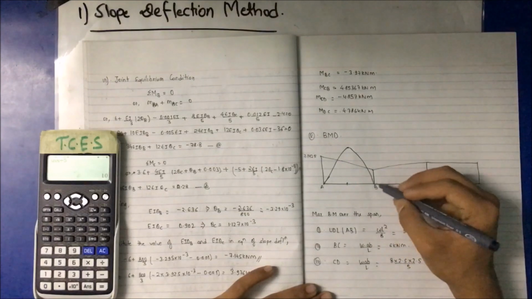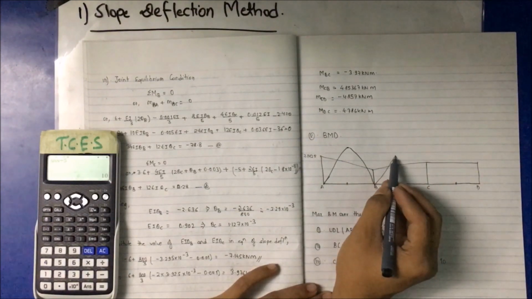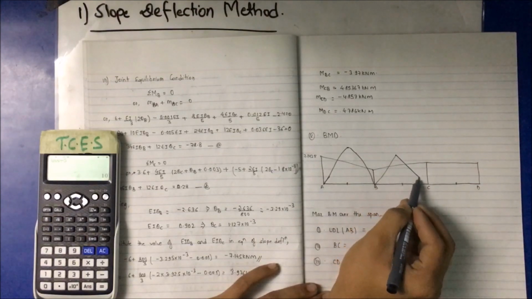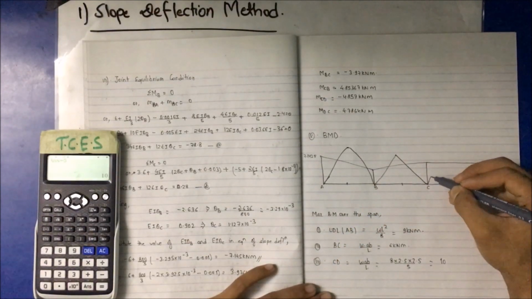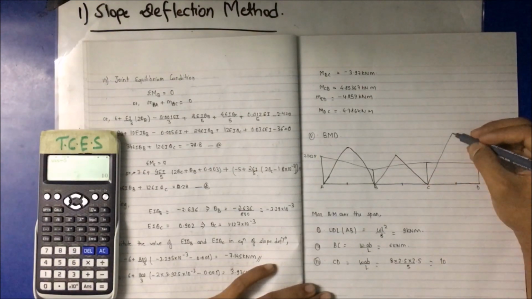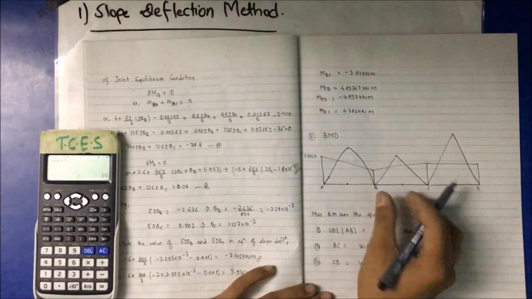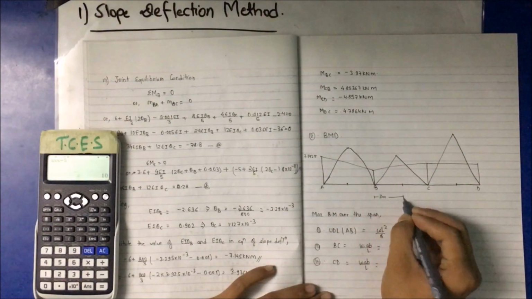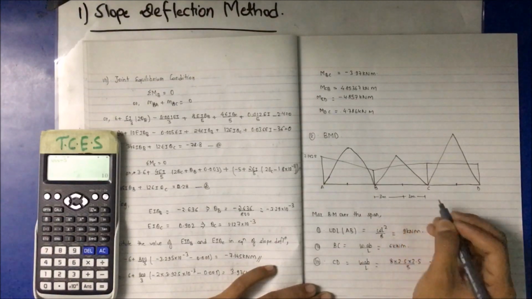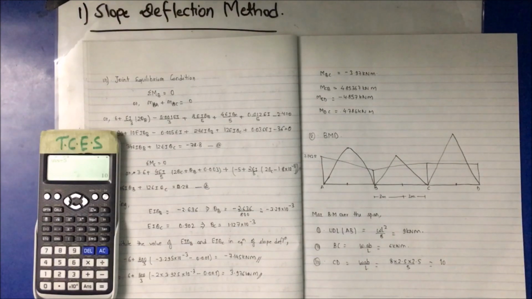So BC is equal to 6, point load, so it is a straight line. For this also, it is a point load, so it will be a straight line, maximum at the center. But in the case of BC, it will be maximum at the point of application of load. For a point load it will be maximum at the point of load application.